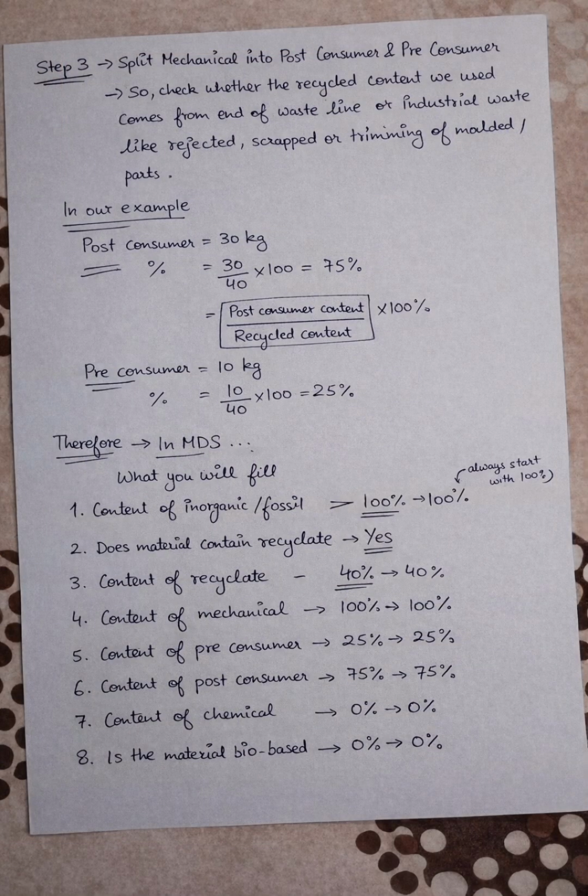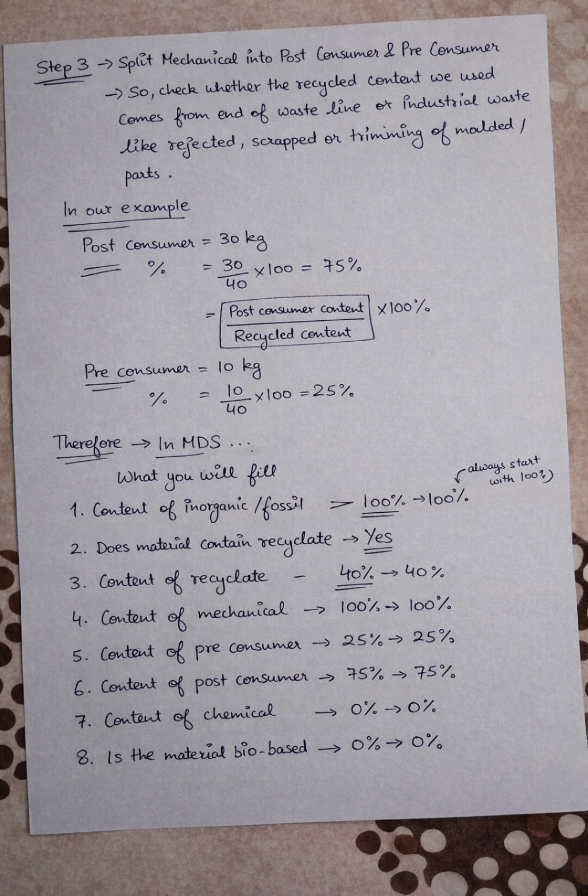Third step is to divide mechanical recycling content into post-consumer and pre-consumer, and find whether the recyclate content we received is from end-of-life waste stream or from an industrial waste, discarded material. In our example, 30 kilograms is waste which is recovered through a process in dismantling and scrapping facilities. 10 kilograms is from industrial waste.